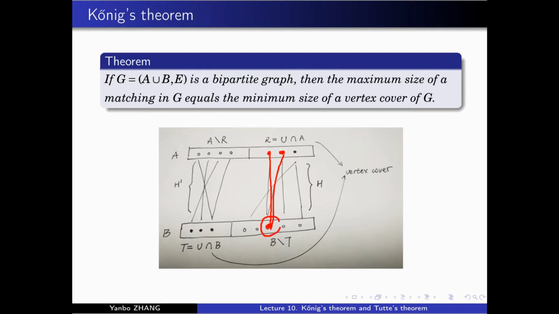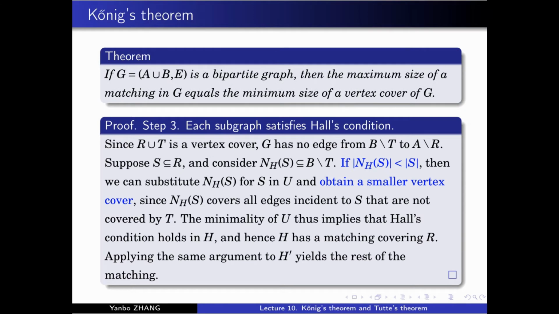This vertex, this vertex, and this vertex form a smaller cover. But U is already the cover with the minimum size. According to the given condition, U is a minimum cover.